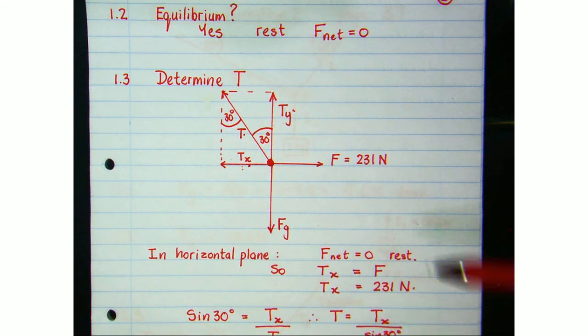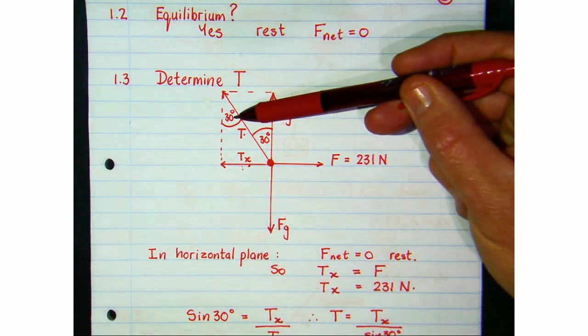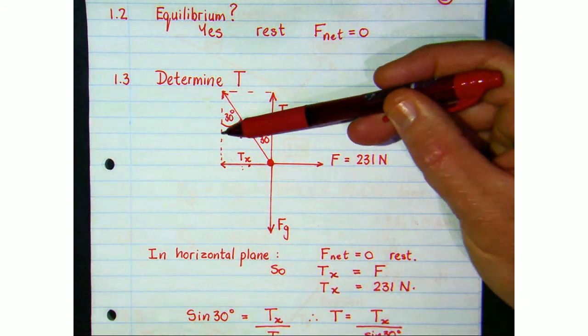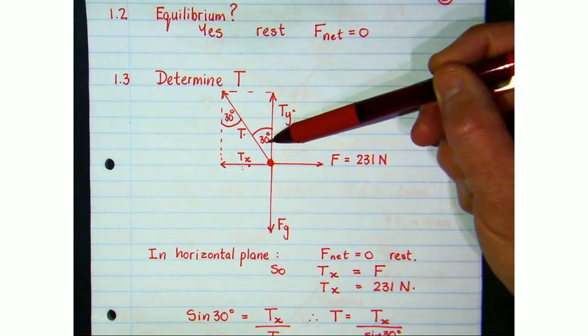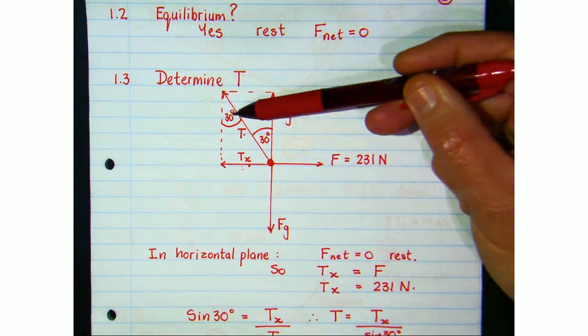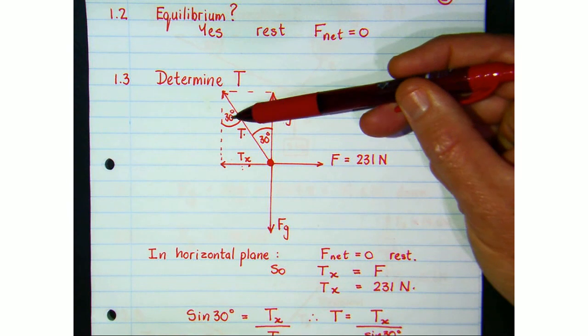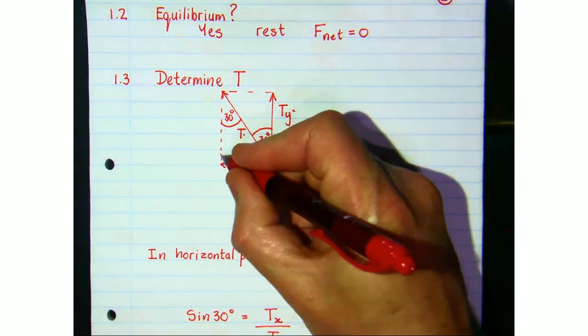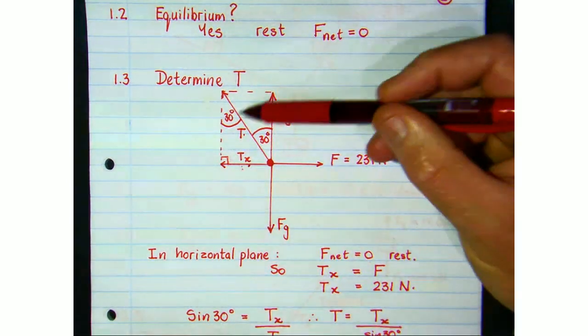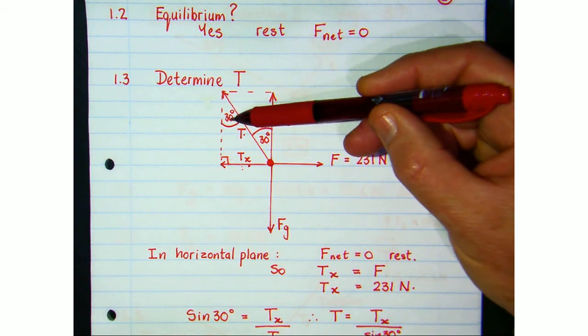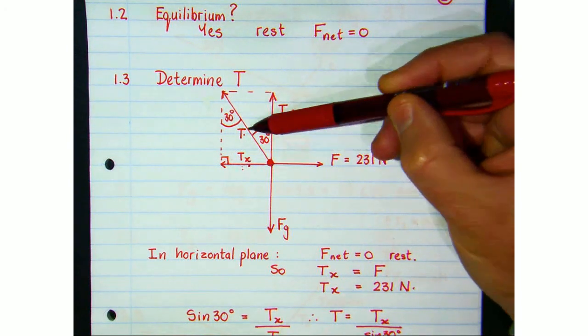Well, if we know this angle here, 30 degrees, and remember alternate angles could put that angle there at 30 degrees. But if we just worked in this right angled triangle here, we can use sine. Sine would be opposite over hypotenuse.